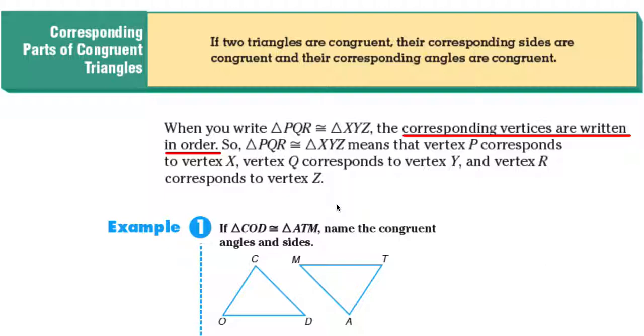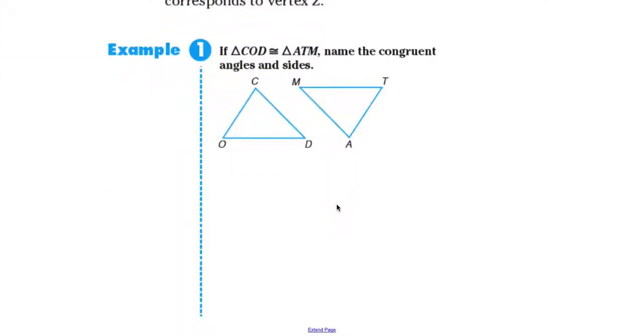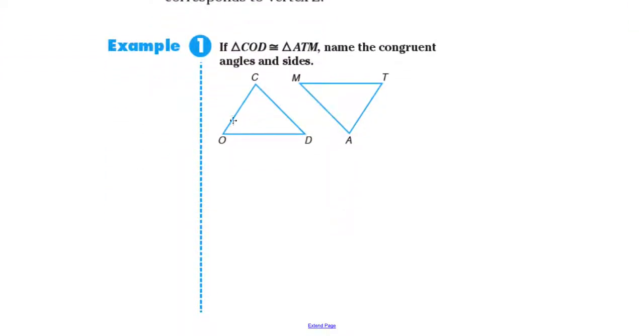Example 1: if triangle COD is congruent to triangle ATM, name the congruent angles and sides. Let's see with these two congruent triangles where the corresponding angles are.